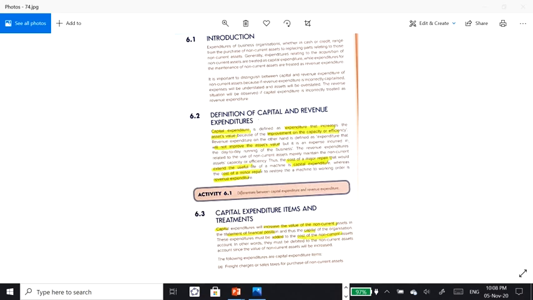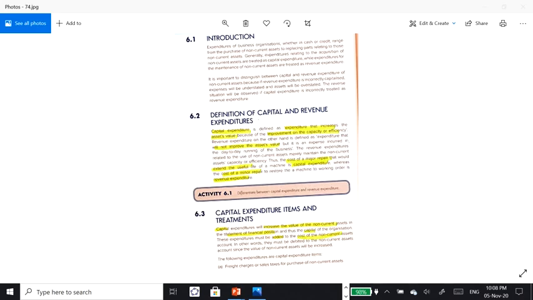This one I suka refer pada textbook. You can page to 74. Okay, dia kata capital expenditure is defined as expenditure that increase the asset value because of the improvement on the capital or efficiency. Revenue expenditure, on the other hand, is defined as expenditure that will not improve the asset value, but it is an expense incurred in the day-to-day running of the business.